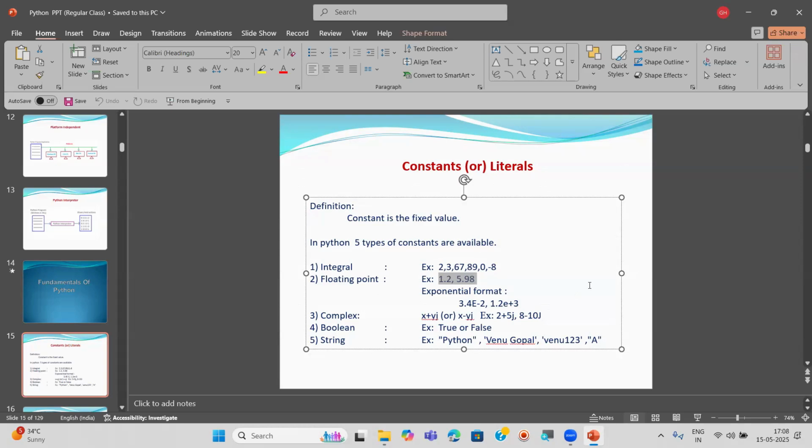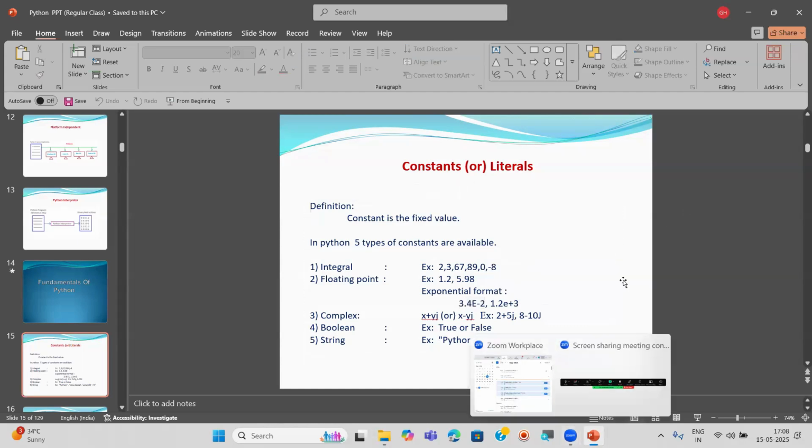These are all floating point constants. And these floating point constants you also can represent in exponential format. What's the meaning of this exponential format? See, 3.4 e minus 2, its meaning is 3.4 into 10 to the power of minus 2.